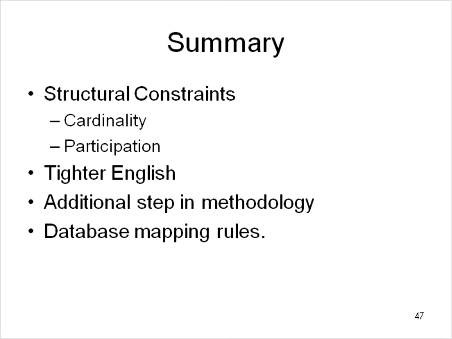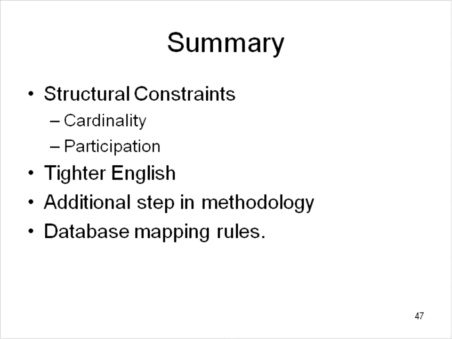So basically what we've done in this chapter is we've talked about cardinality constraints, and we've shown how cardinality constraints are shown with the 1 or the M on the side that we're talking about, and the participation constraints, which may be either full or partial. The participation, once again, is a may or a must.